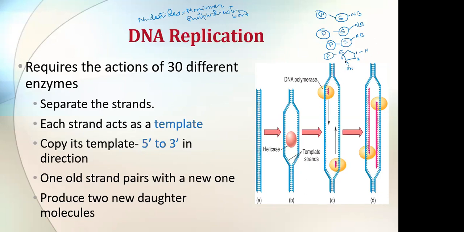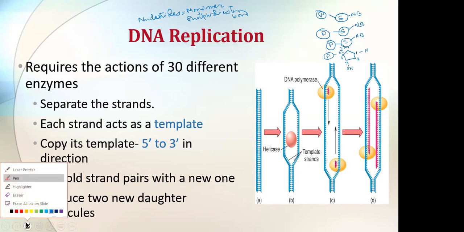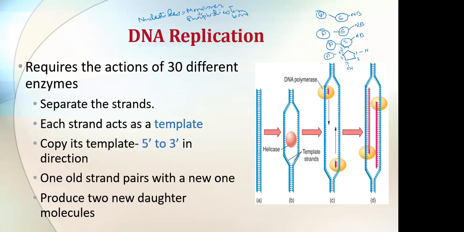So all these nucleotides remain attached. For these nucleotides, we have the 3 OH position over here, so the 3 carbon and 5 carbon remain together. If we look at this 3 carbon and this 5 carbon, together they make that phosphodiester bond.